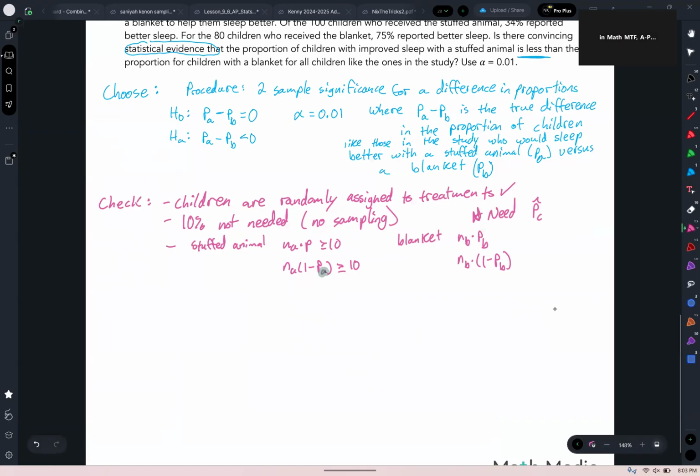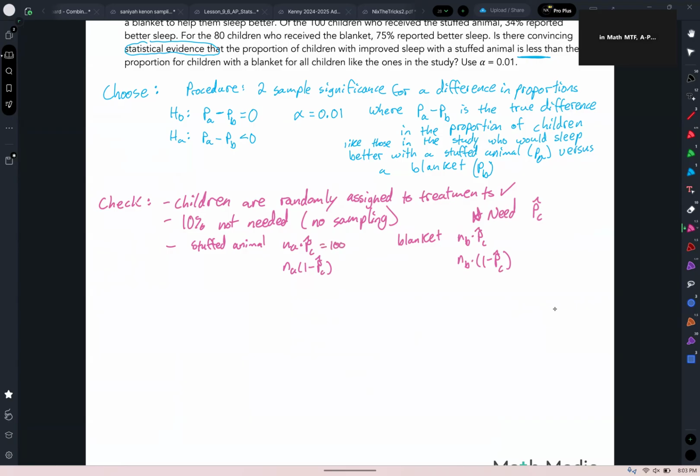I've got to use the combined. But I now have that. So let's go do some calculations.